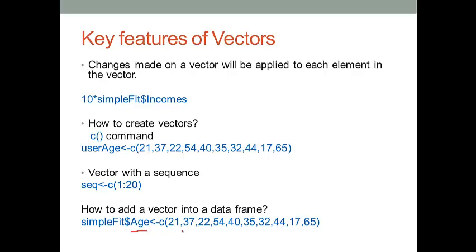We already have the customers' ages. We use the c command to organize these ages into a new vector, and then we assign this value to the new vector called age in the simple fit data frame. Notice that we use commas to separate these numbers in the c command. Let's try this in the R software.